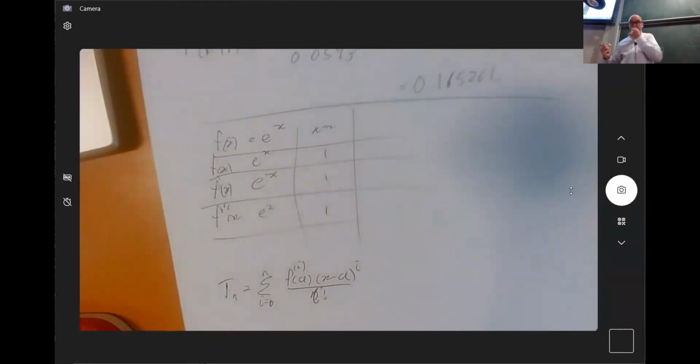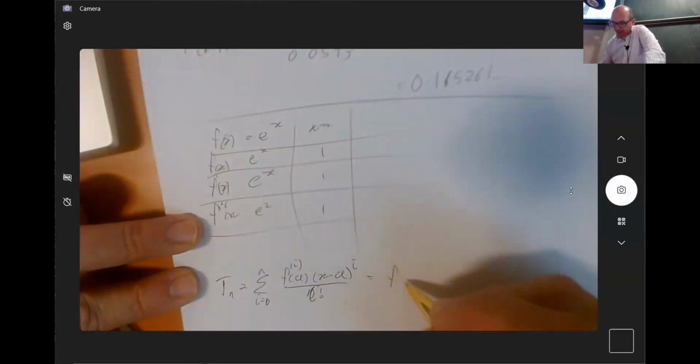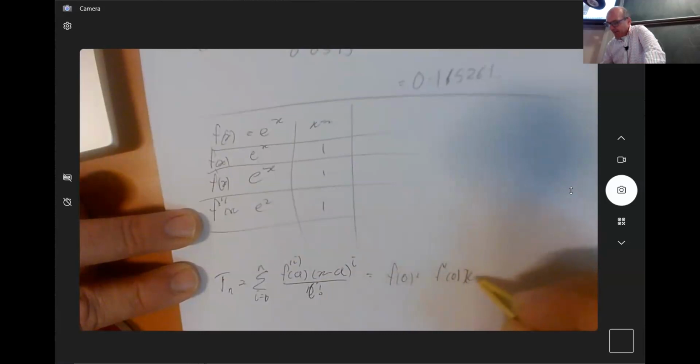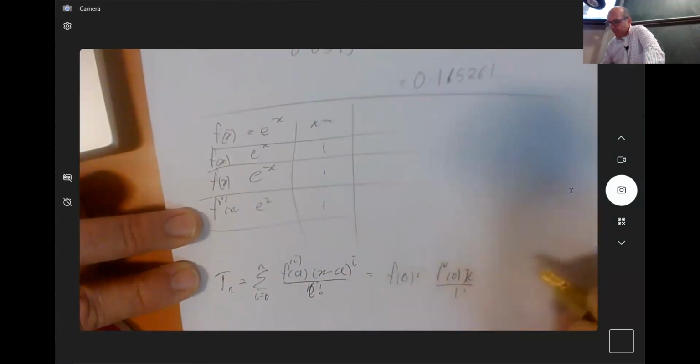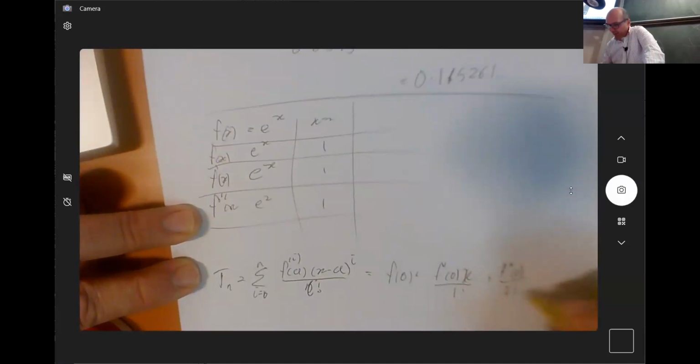All right. The reason we create the table is these numbers, right? So this is going to be f of 0 plus f dashed of 0 times x, technically on 1 factorial, plus f double dashed of 0 on 2 factorial x squared plus dot dot dot.